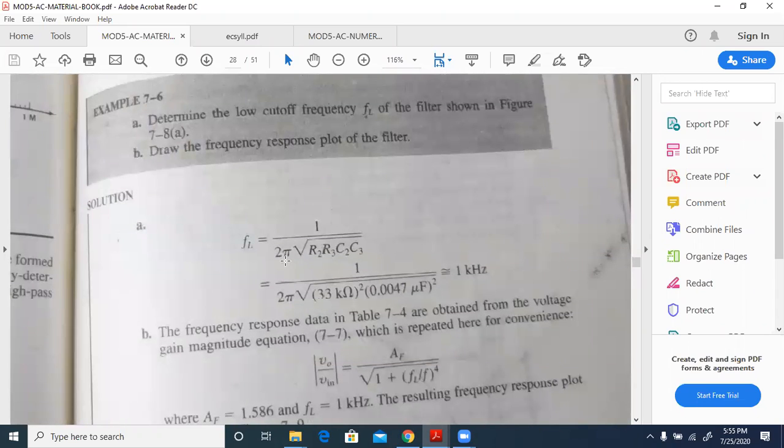So that is 1 by 2 pi RC. For second order, you should remember that, 1 by 2 pi RC, where R2, R3 are the same and C2, C3 are the same. If they're different, you need to substitute differently and put the root there. Earlier also we had a similar equation, 1 by 2 pi RC. Here also we have a similar equation.